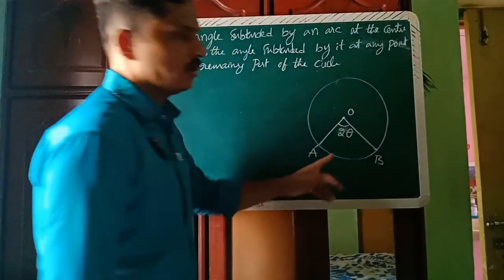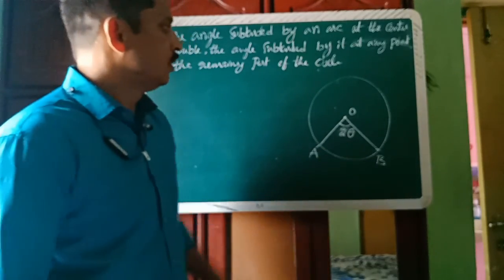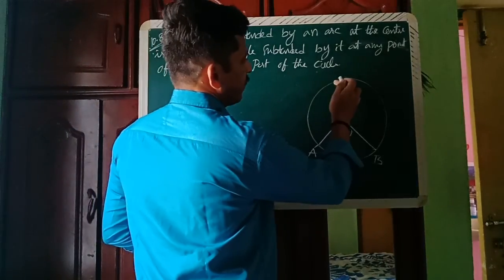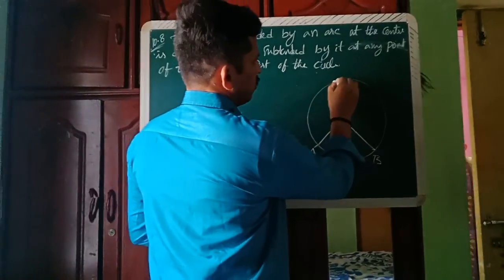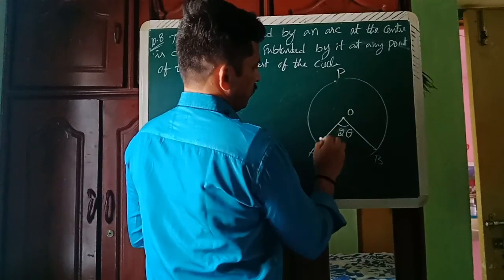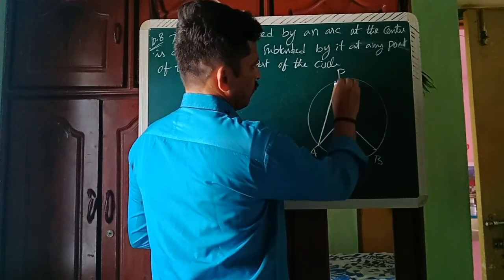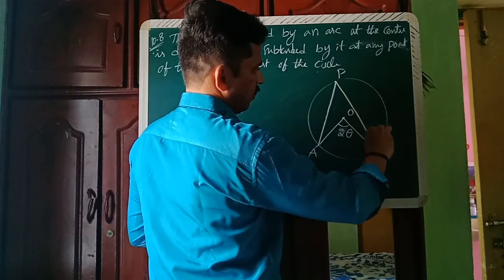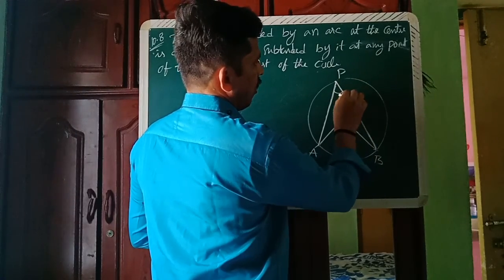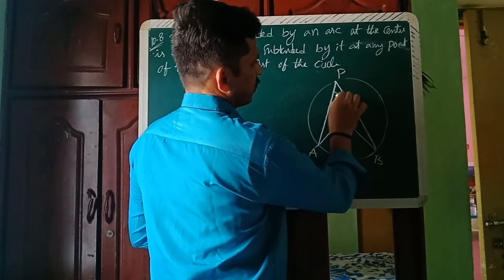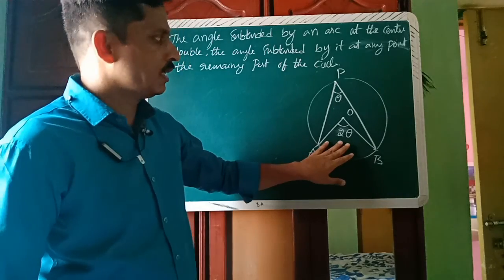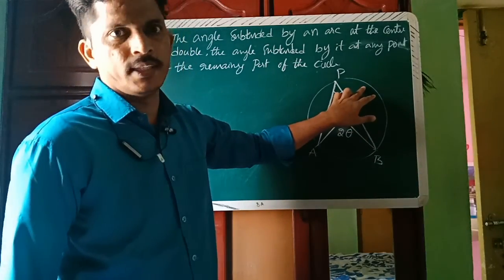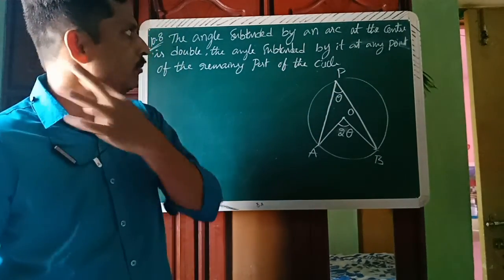If we take any point on the remaining part of the circle, I will take point P here and join it to A and B. You will get half of that angle. For suppose here 20, you will get 40 at the center. If you get 30 degrees at the center, you will get 15 degrees. So how to keep this in mind.